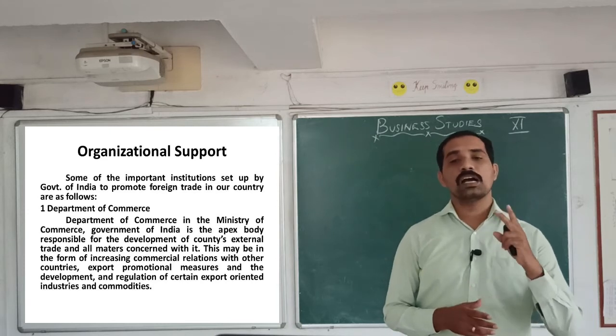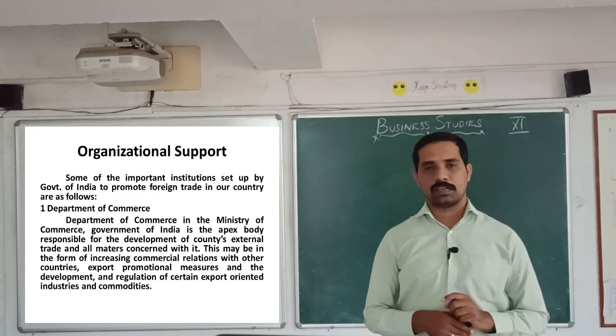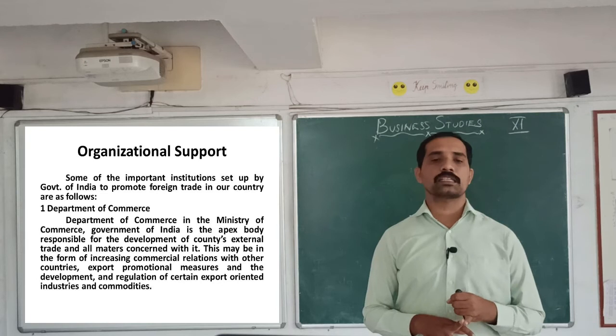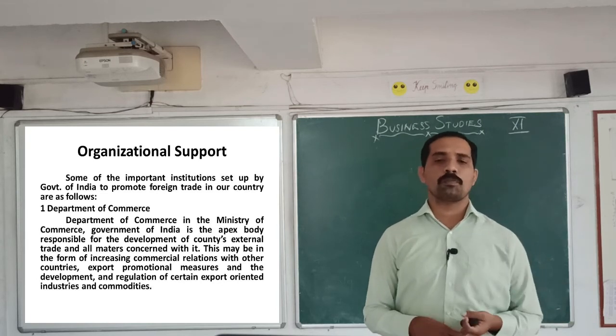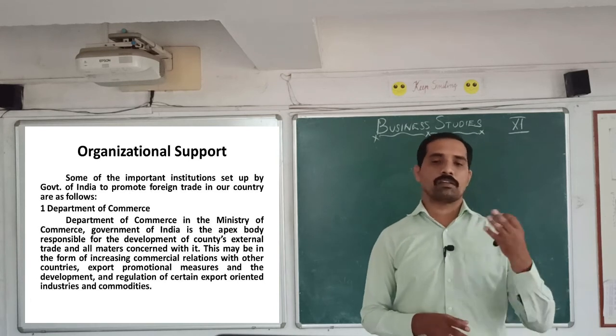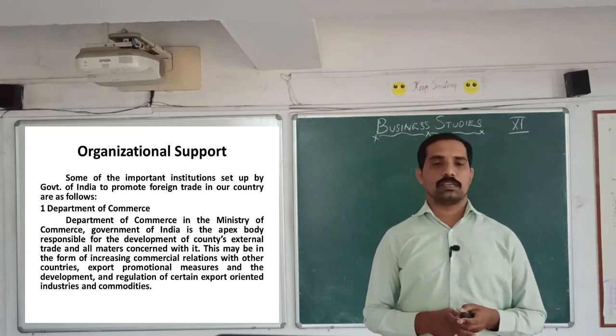The development of the country's external trade and all matters concerned with it. Okay, so this may be in the form of increasing commercial relations with other countries, export promotion measures, and development and regulation of certain export-oriented industries and commodities.